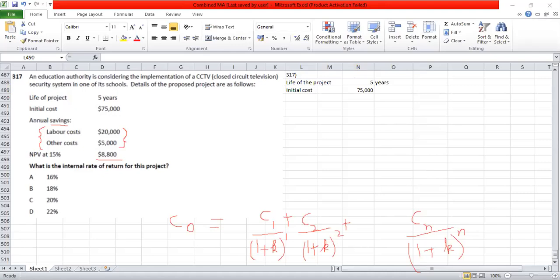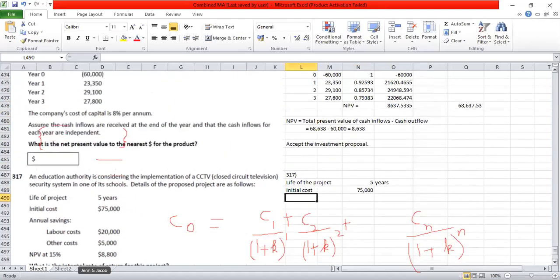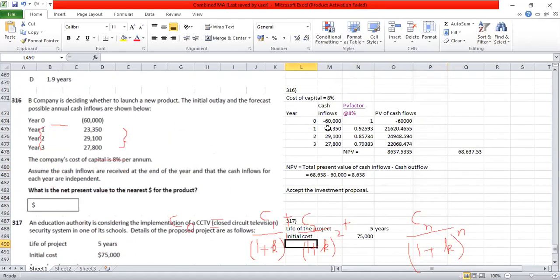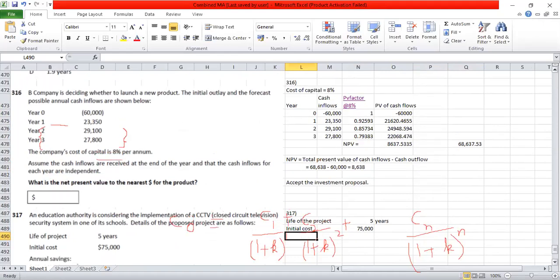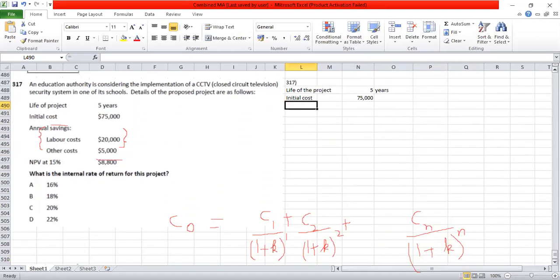Is it different in each of the years? See, in the previous question, the cash flows were different in each year. But here we see that for all years 1 to 5, every year it is the same.